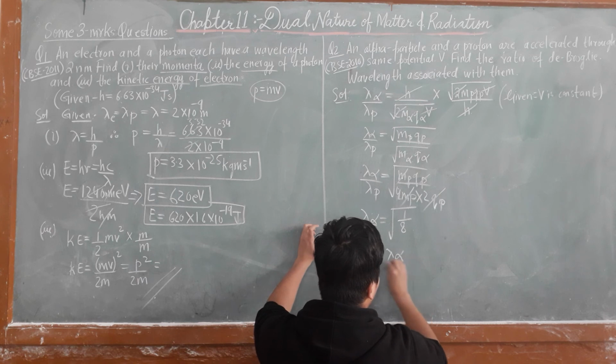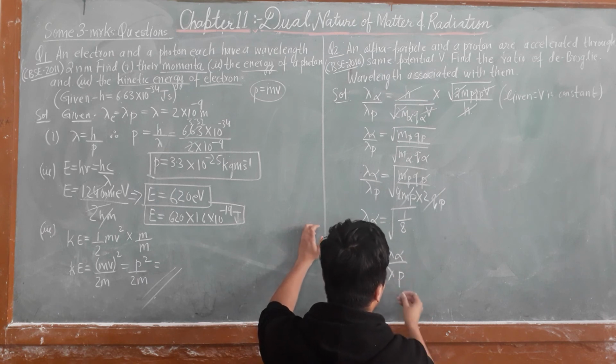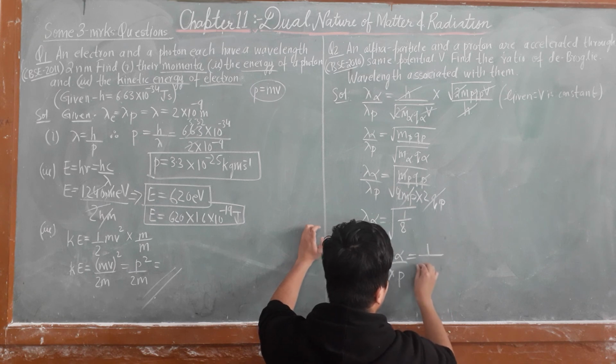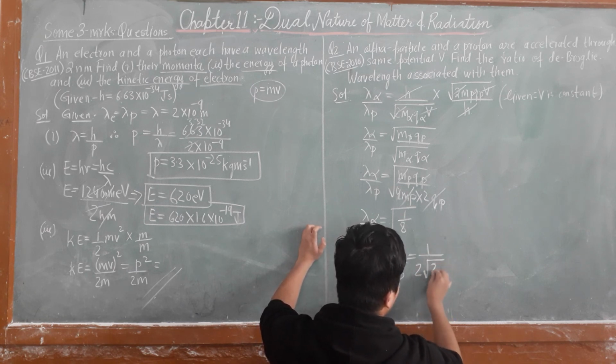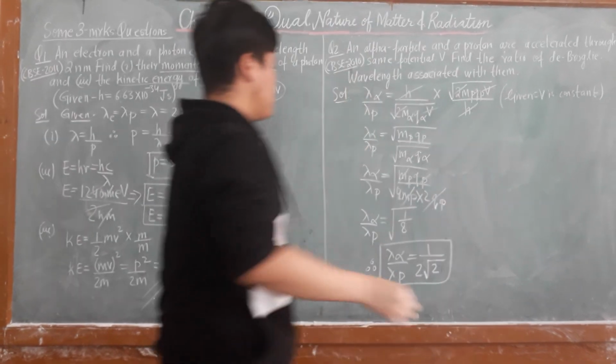Lambda alpha upon lambda p is under root 1 by 8, or 1 upon 2 root 2.